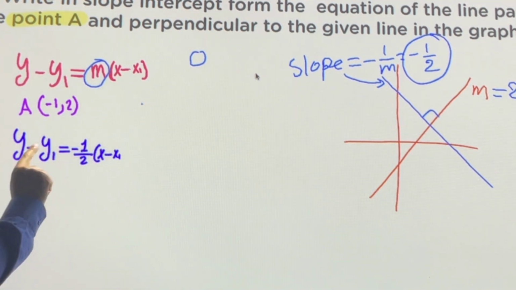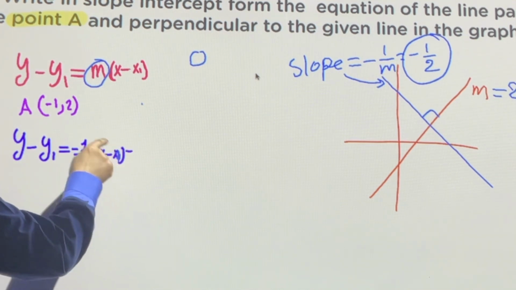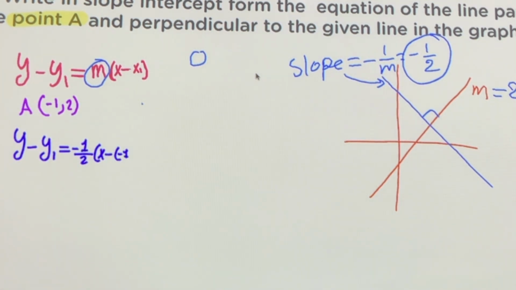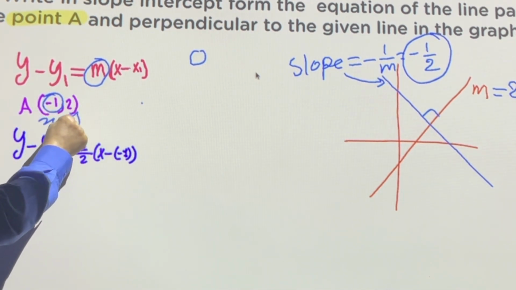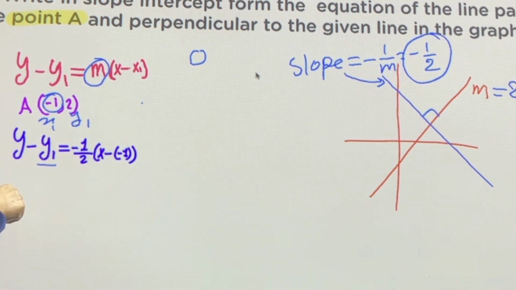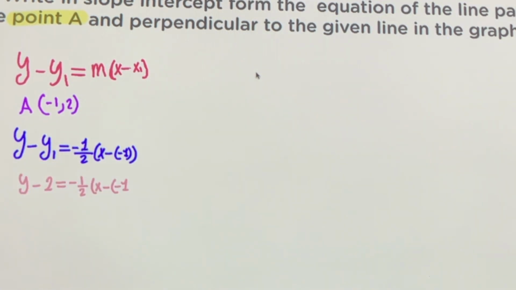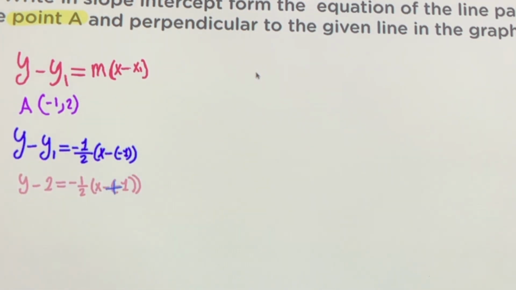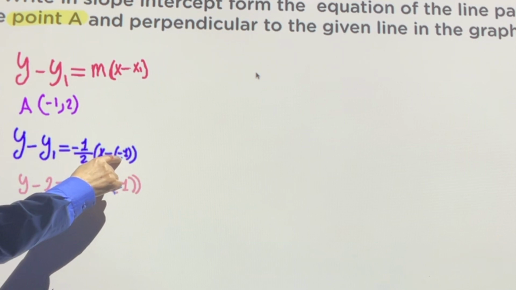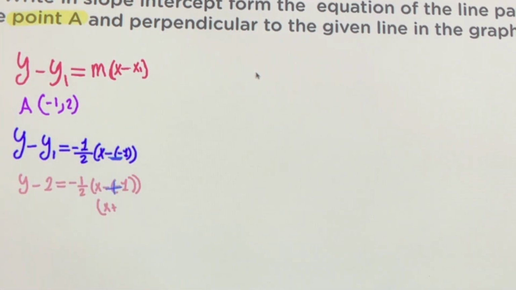I would like you to remove this x1 here and put this negative 1 as this x. This is your x1, okay? And this is your y1. So remove this y1 and put the value given for the y coordinate of the point A. Now, minus minus, please put it plus here. Negative with negative. x plus 1. Okay, copy everything.